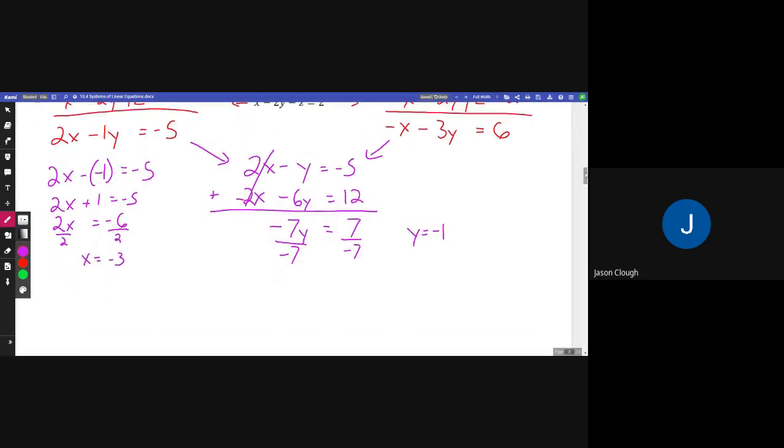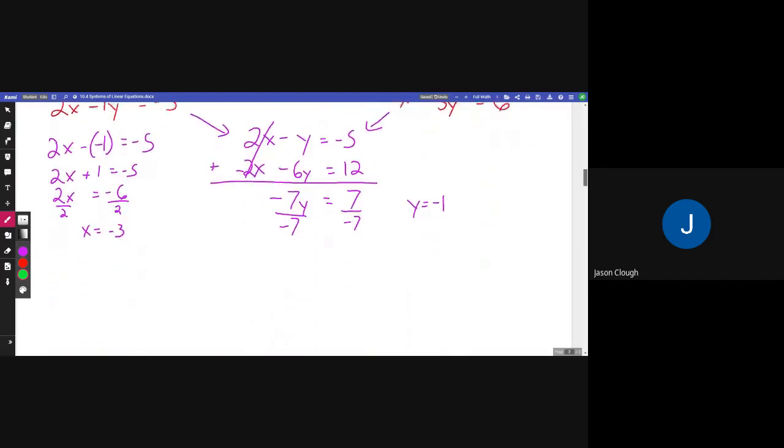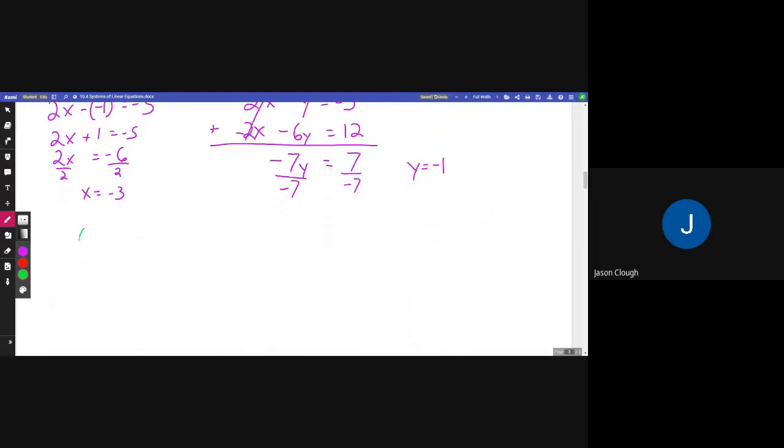I can now go back to one of the original equations. I'll use the first one, x plus y plus z equals -7. So that just becomes -4 plus z equals -7.